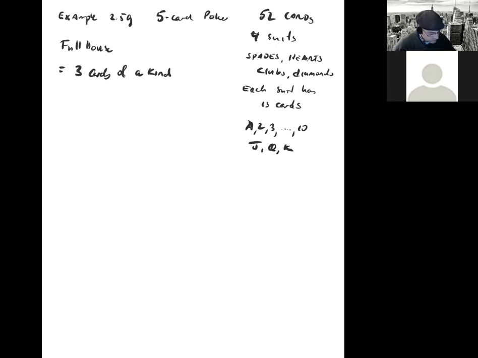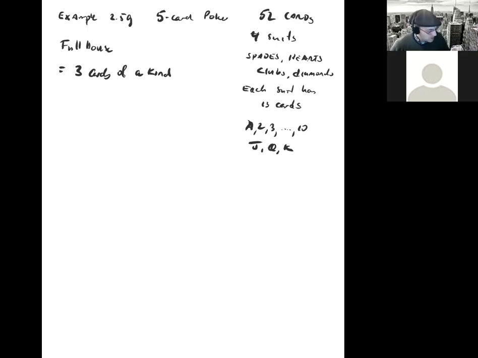So a full house is 3 cards of a kind. Kind meaning 3 cards with the particular value, either ace or 2 or 3. There are 4 cards, by the way, of each denomination. Either there's an ace of spades, an ace of hearts, an ace of clubs, an ace of diamonds. There's a 2 of spades, a 2 of hearts, a 2 of clubs, and a 2 of diamonds, and so on.